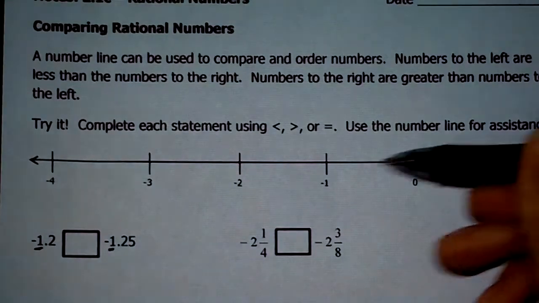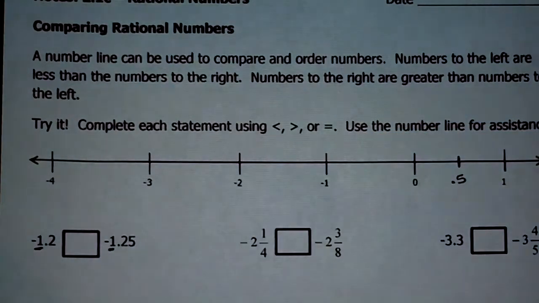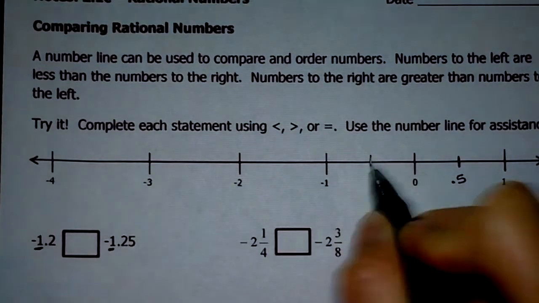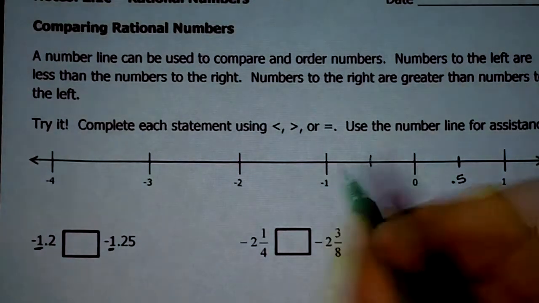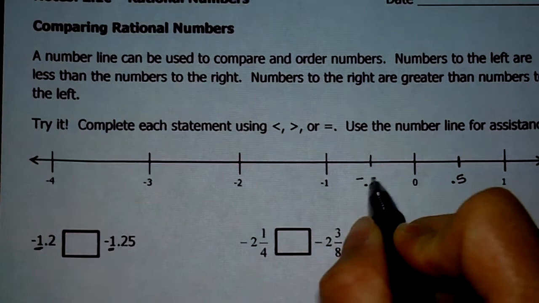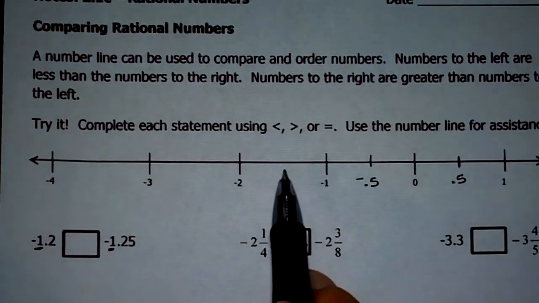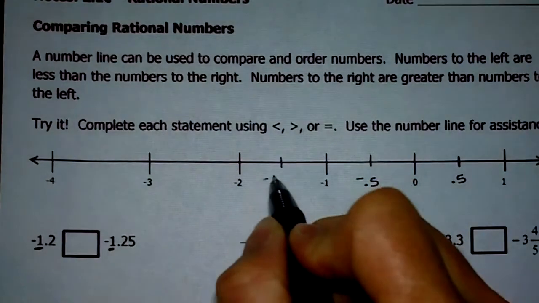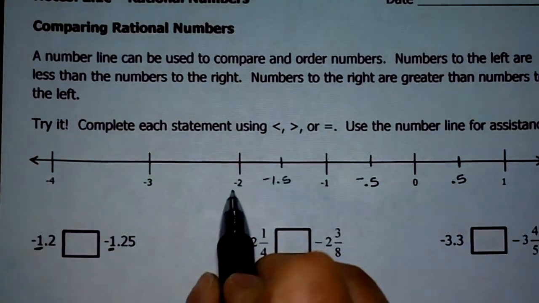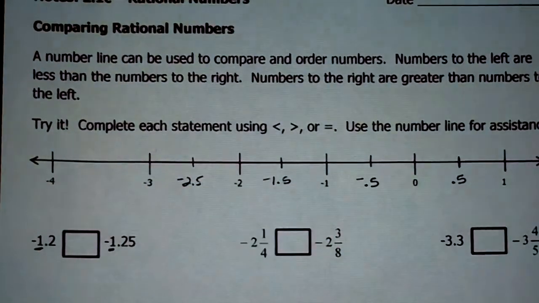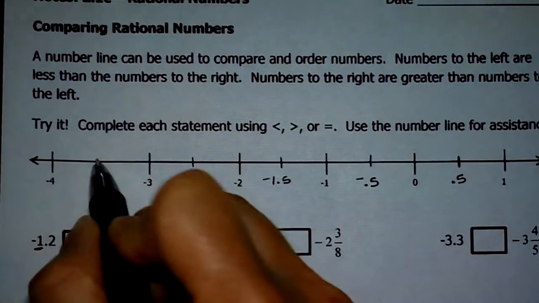Here, the digits will get greater as I move to the left. So if I'm heading from 0 to negative 1, halfway between 0 and negative 1 would be negative 0.5. And there's negative 1. And that would make this negative 1.5 and then negative 2. And then negative 2.5 and negative 3. I just chose 0.5 because I think that's the easiest one to start with, right?